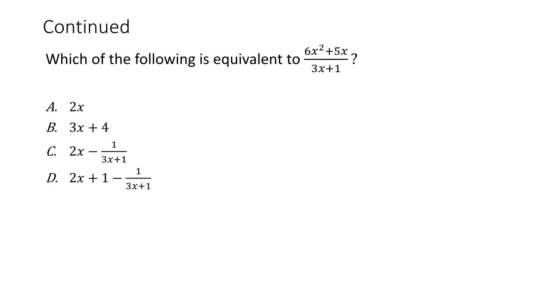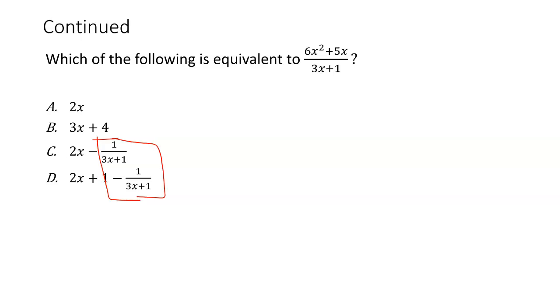When I look at these answer options, there's one that's starkly different from the rest. B, probably not going to be my answer. And then each of these kind of expand. I've got 2x, I've got 2x plus 1 minus something. And what else I want you to notice is that these look like remainders for quotients when we're dividing polynomials.